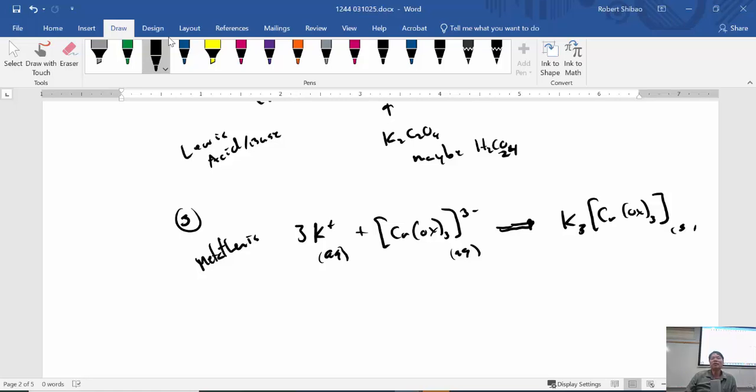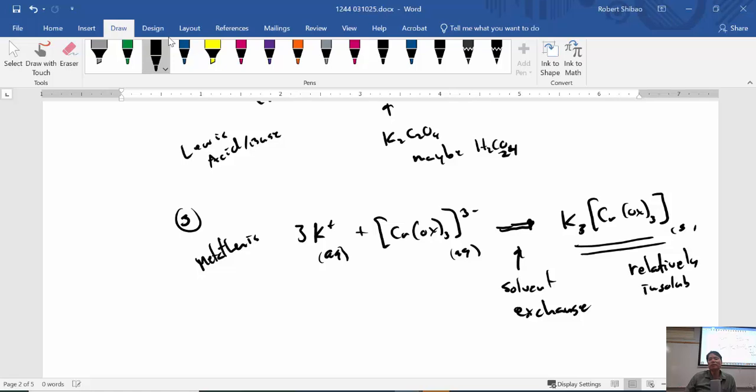And so we want to leave all those in solution and just precipitate out the complex. The way we're going to do this is by solvent exchange. It turns out that this complex is relatively insoluble in ethanol. I'm going to abbreviate ethanol as EtOH.